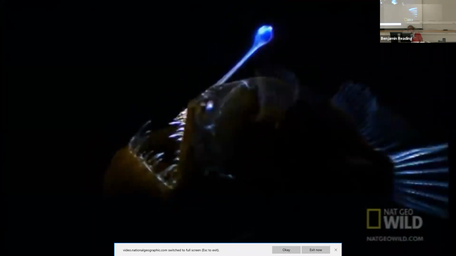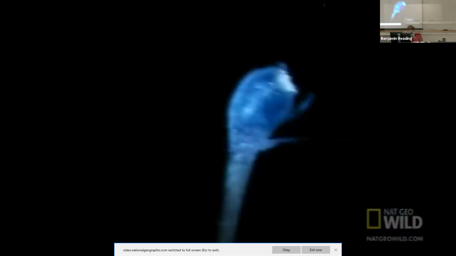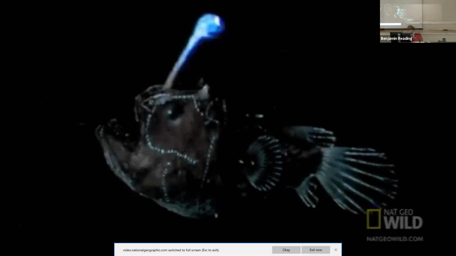The light is a lure wielded by our champion of the weird, the deep sea anglerfish. The lure is created by bioluminescent bacteria that live inside the angler. It drifts through the water, flashing its beacon, waiting for something to take the bait.